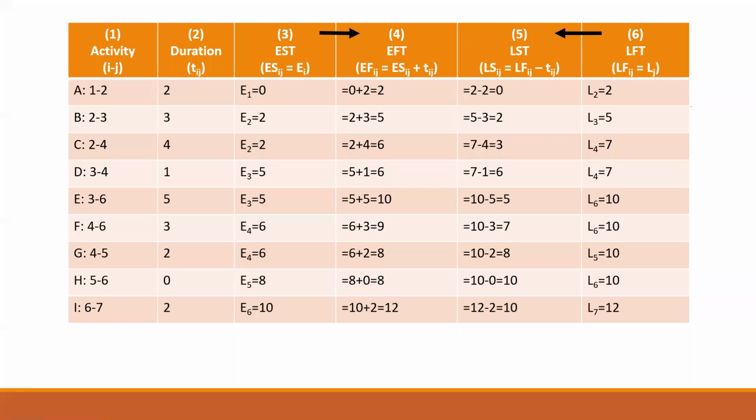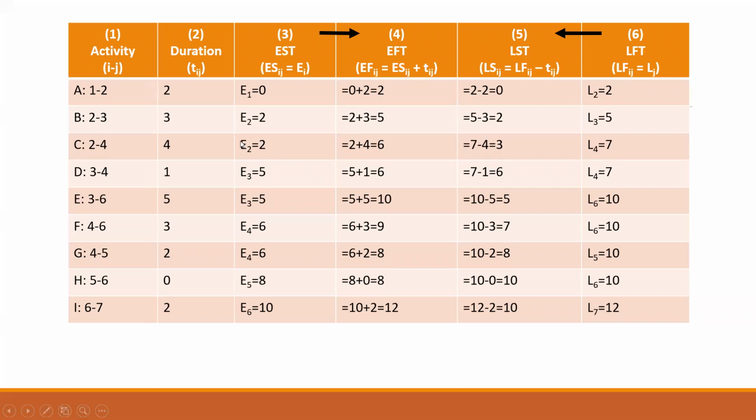For your backward pass, we are first supposed to find the values of LFT, and your LFT is similar to your Lj. So LFij is equal to Lj. Ei is also known as the earliest occurrence time for event i, and Lj is known as the latest occurrence time for event j. Clear?